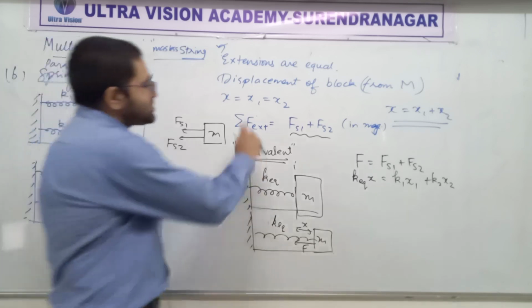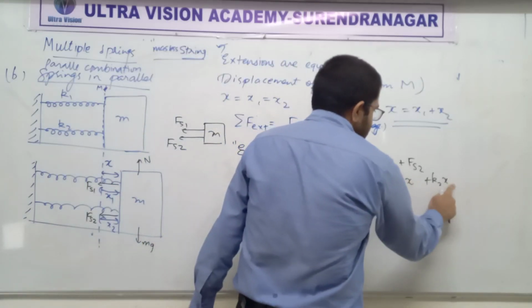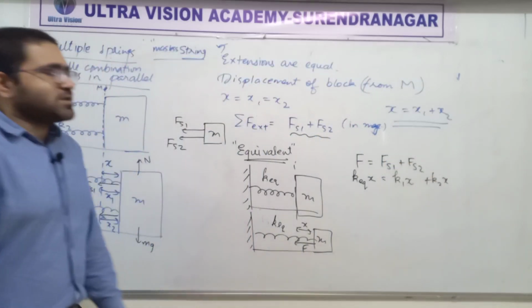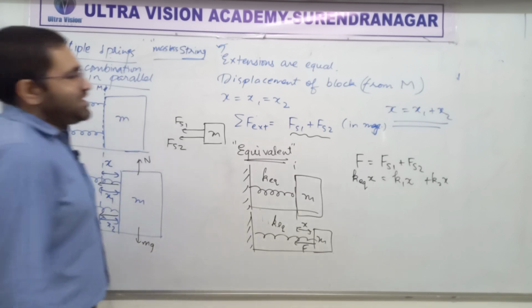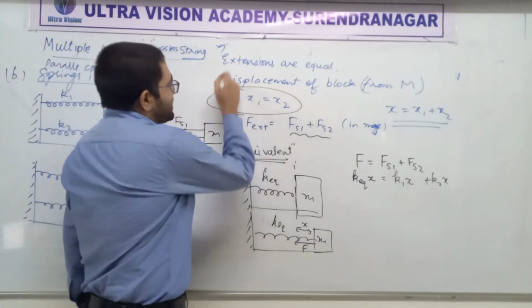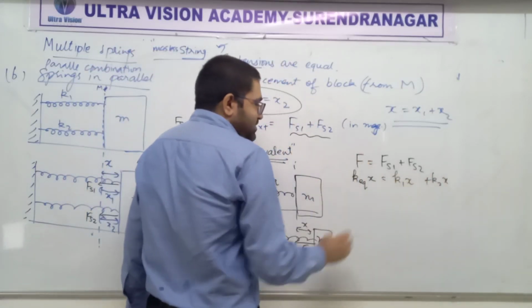But what is x1? x1 is x. What is x2? x2 is also x. Absolutely clear? And again, the idea that elongations or extensions are equal. That's why here x will get cancelled.